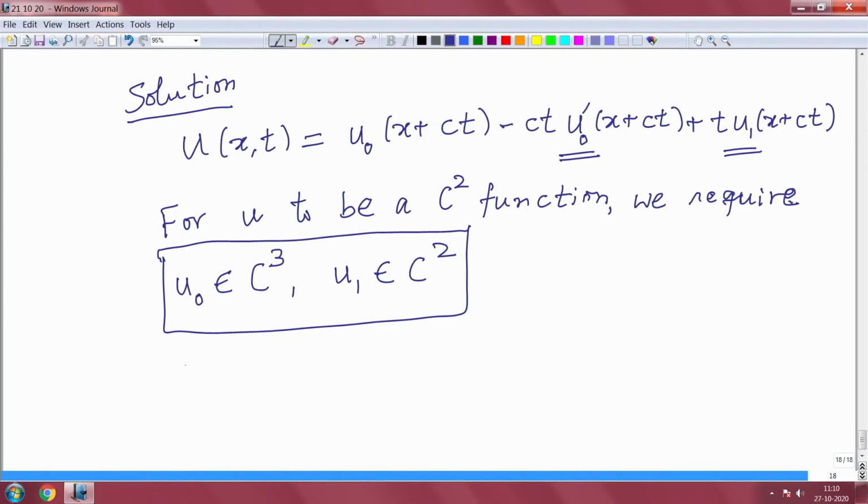So, this is referred to as loss of regularity, and this is typical of weakly hyperbolic equations and systems. Loss of regularity.